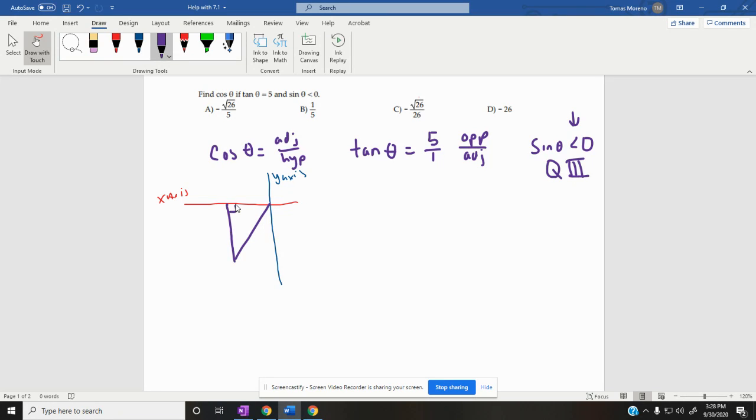Okay, this is the right triangle. This is beta. So that means I'm going to have a negative x, a negative y, and I should really add it. Can I add another tool here?